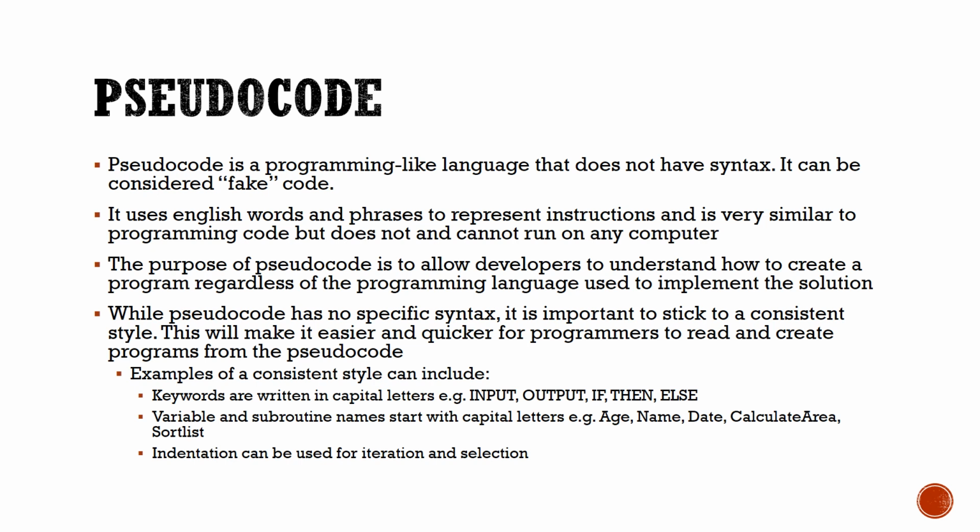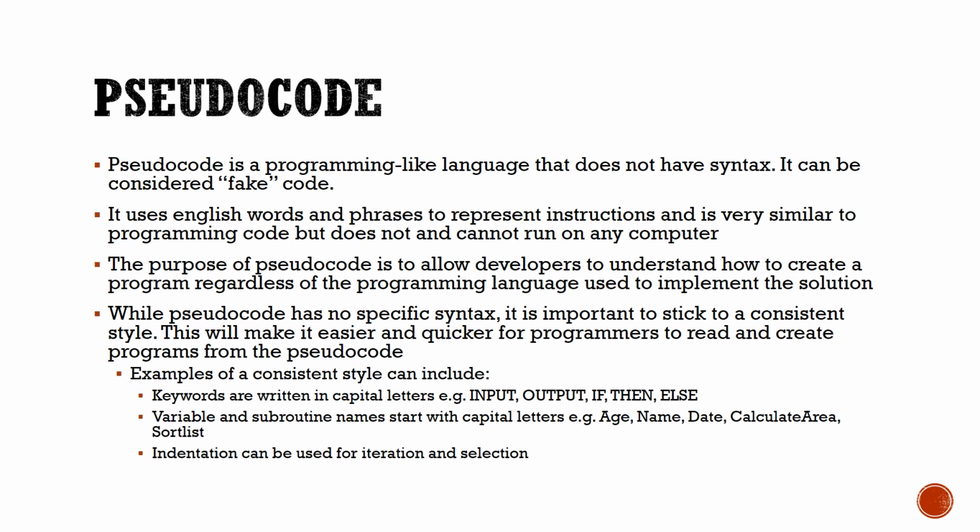While pseudocode has no specific syntax, it's important to stick to a consistent style. This will make it easier and quicker for programmers to read and create a program from the pseudocode. So there are some key points or consistent styles. As you can see, keywords are written in capital letters.